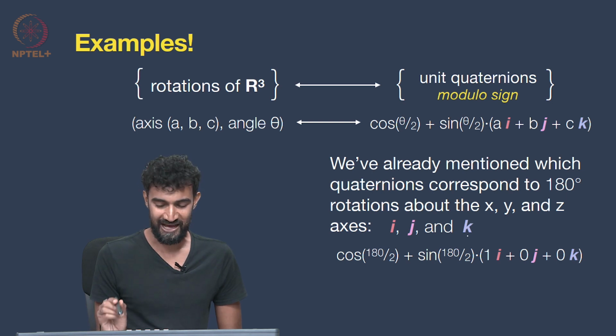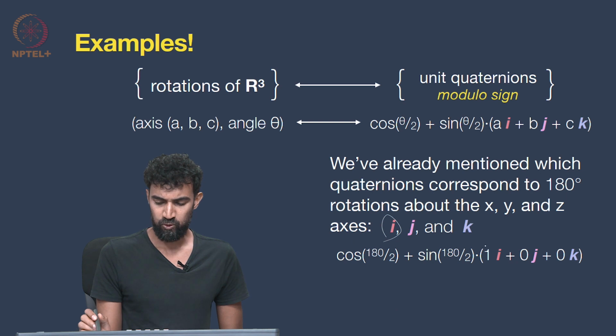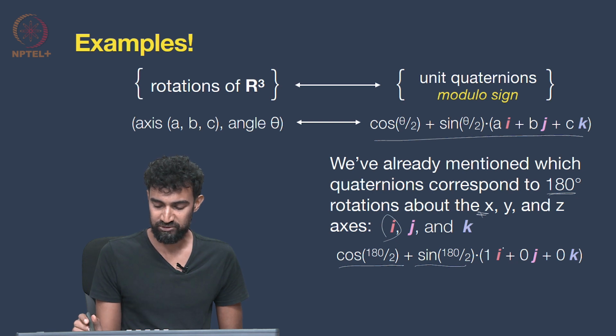Let's quickly verify that. Let's just take the example of i. What would a 180-degree rotation about the x-axis look like? By our formula, it's cosine of 180 over 2 plus sine of 180 over 2 times (1 times i plus 0 times j plus 0 times k), because the x-axis is just (1, 0, 0).